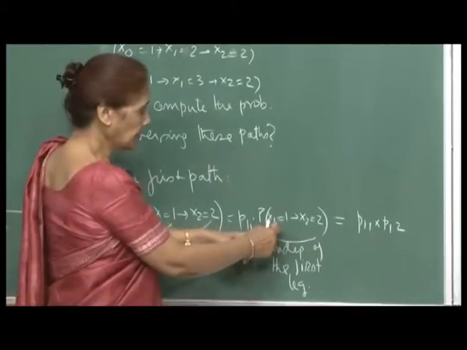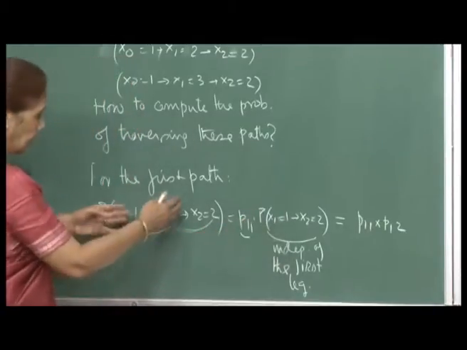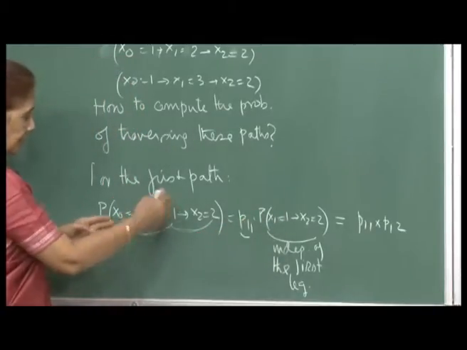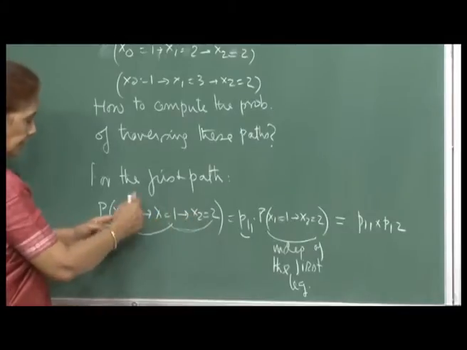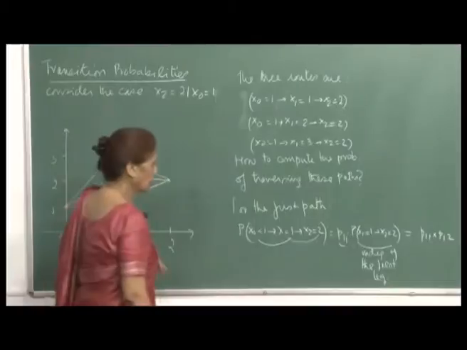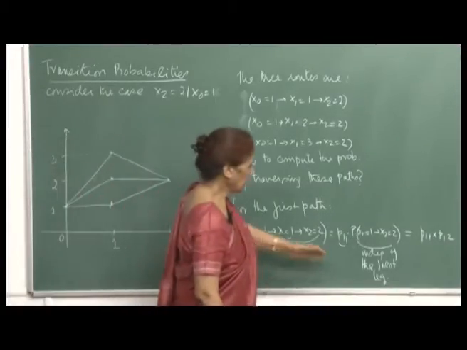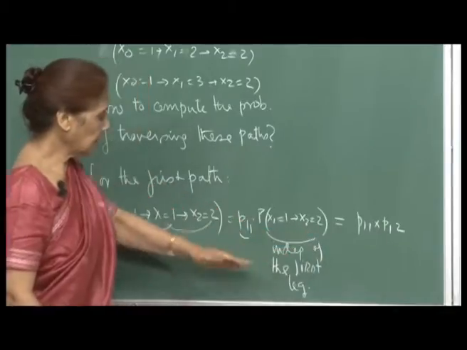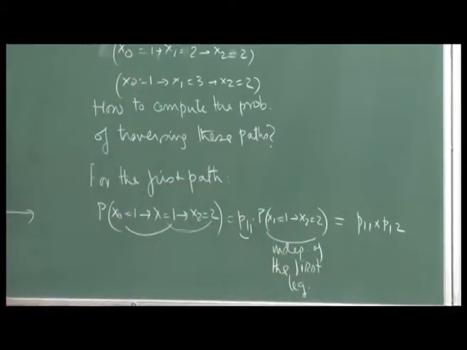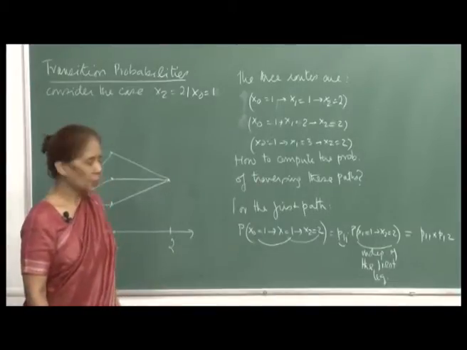So, it is independent of the value of x 0, and therefore, I can write the probability of traversing this path as the product of the first leg into the probability of the second leg. This is where I am using it, and otherwise I would not be able to write these 2 step transition probabilities, if I did not have the advantage of the Markovian property.